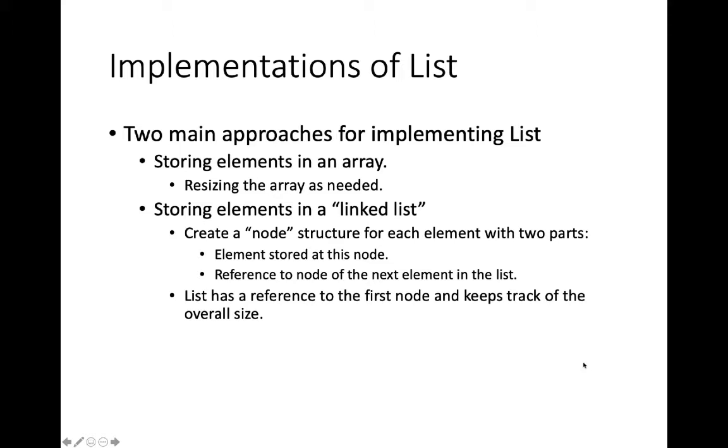Now, we're going to use that, right? So arrays are very useful, and one of the ways we might use the array is to use it as storage for our implementation of list, right? Our list is an idea.